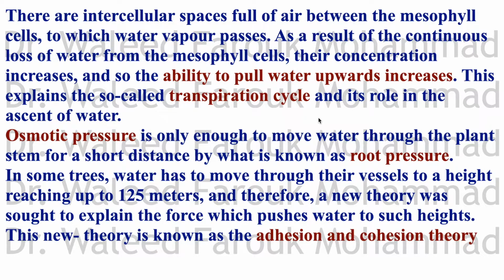Transpiration aids in pulling up fluid from the root through the xylem network. Osmotic pressure, as we discussed before, was not enough for trees reaching as high as 125 meters.